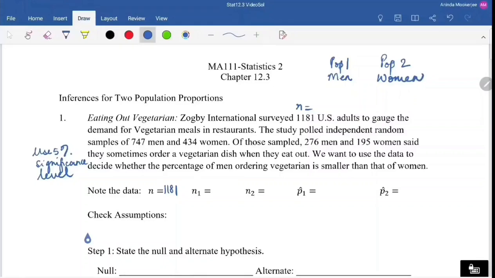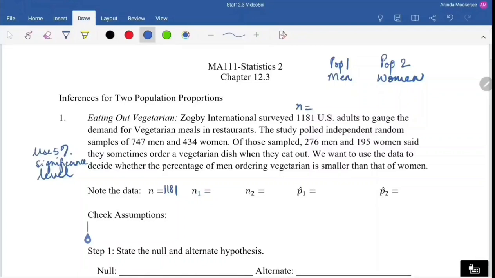All right. So, since men have been assigned population 1, n1 is also going to be the sample size of men. So let's try to find out from the question, what is the sample size for men? It says here the study polled independent random samples of 747 men.